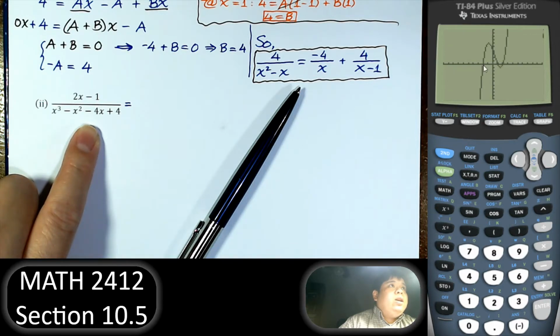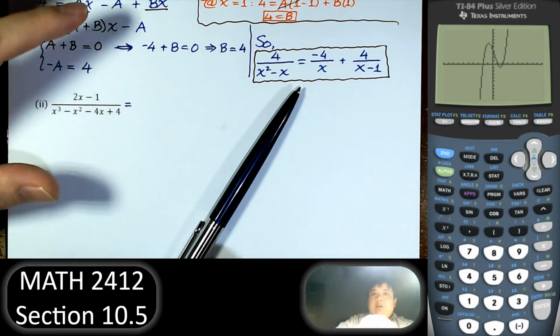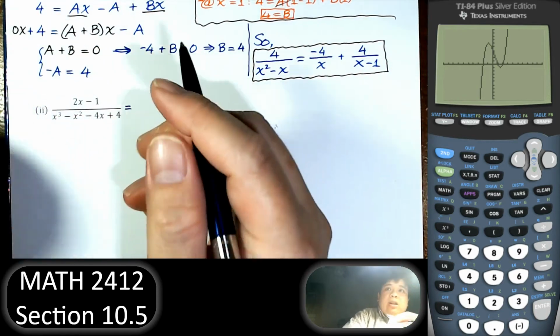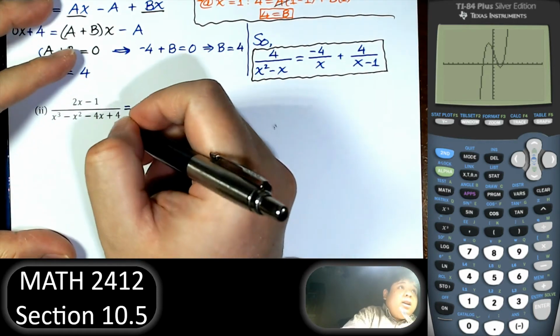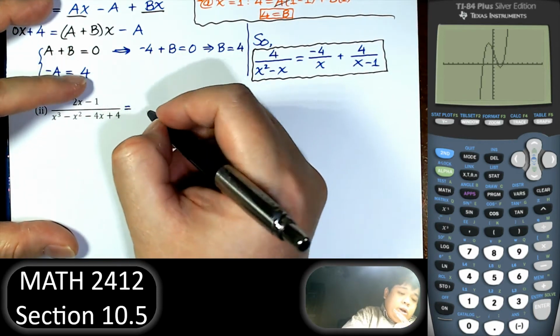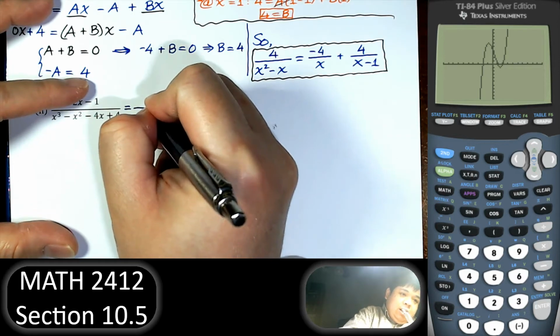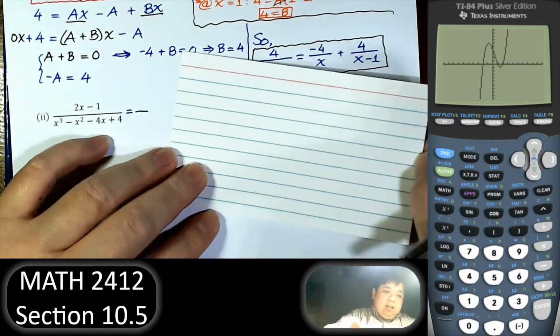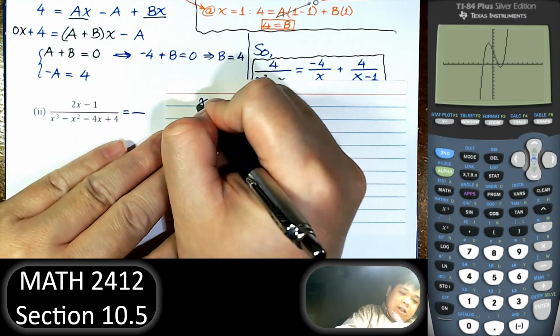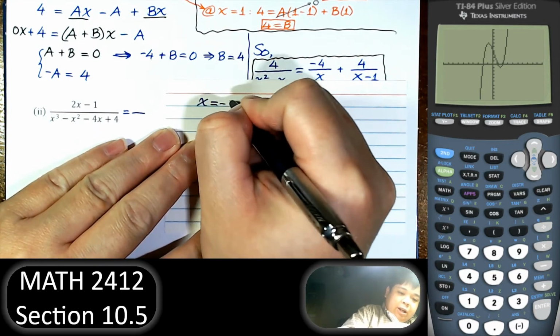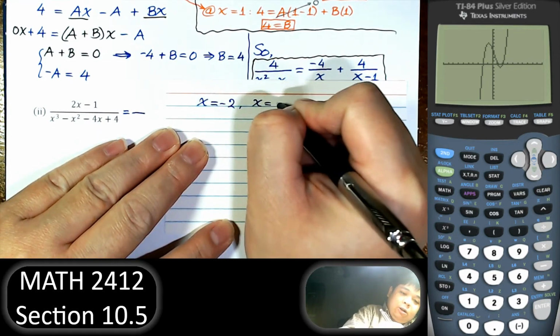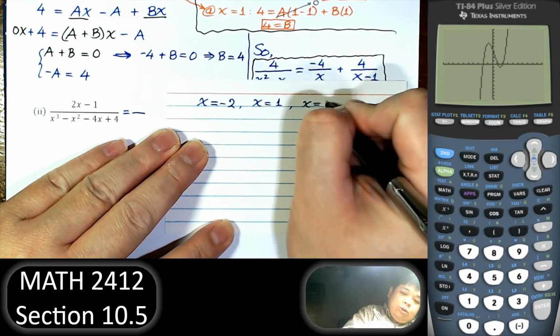Right, negative 2, 1, and 2. So that definitely helps. So we have negative 2, 1, and 2 as zeros. So let's just write x equal to negative 2, 1, and x equal to 2.